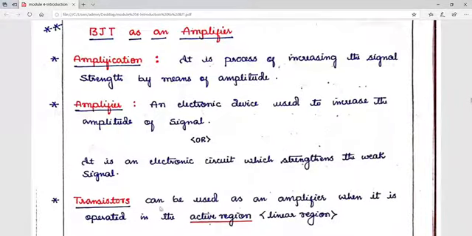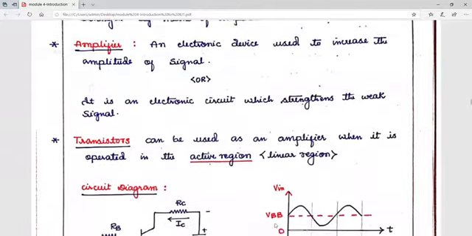Now, transistors can be used as an amplifier when operated in the active region, the so-called linear region.